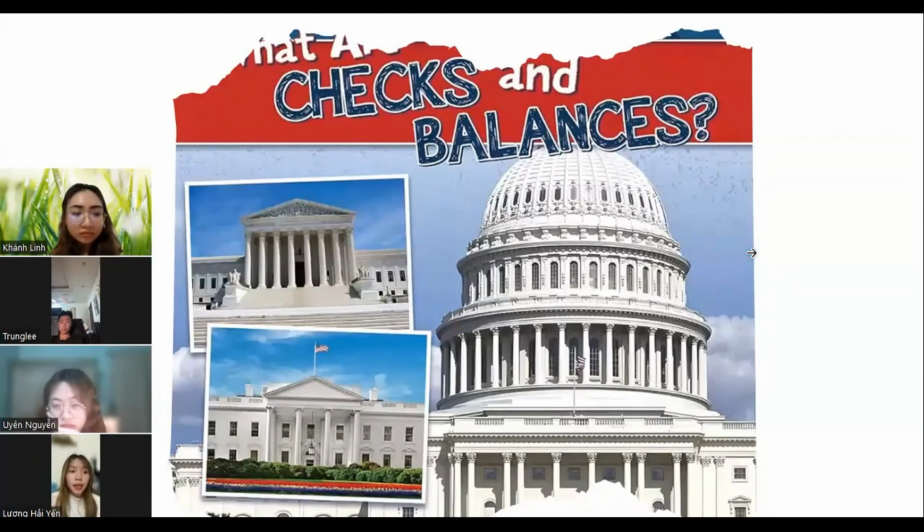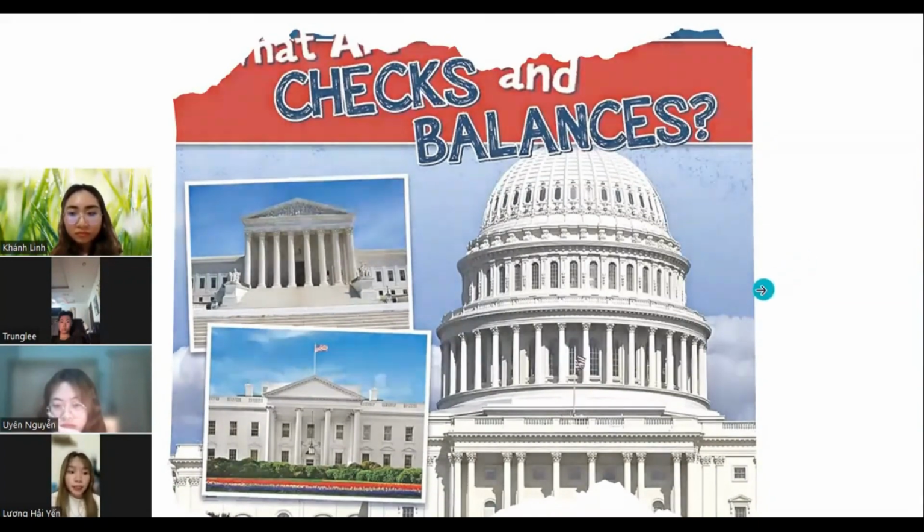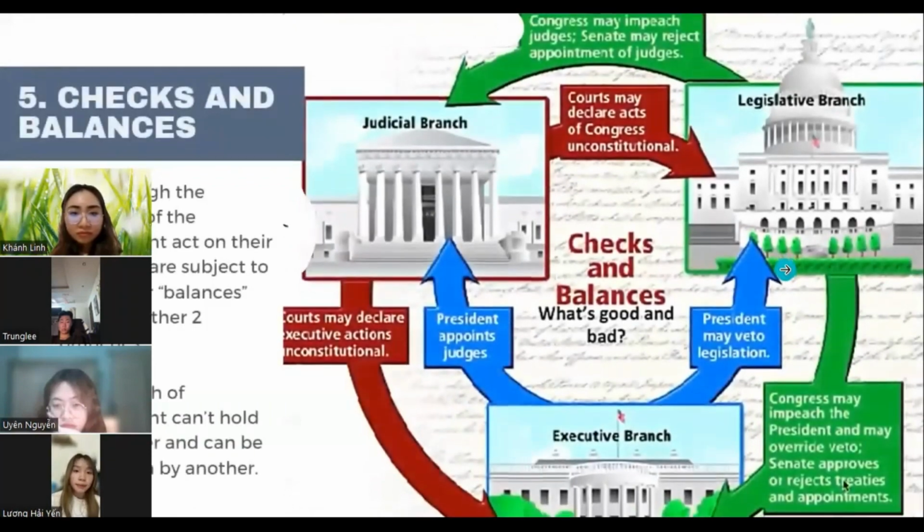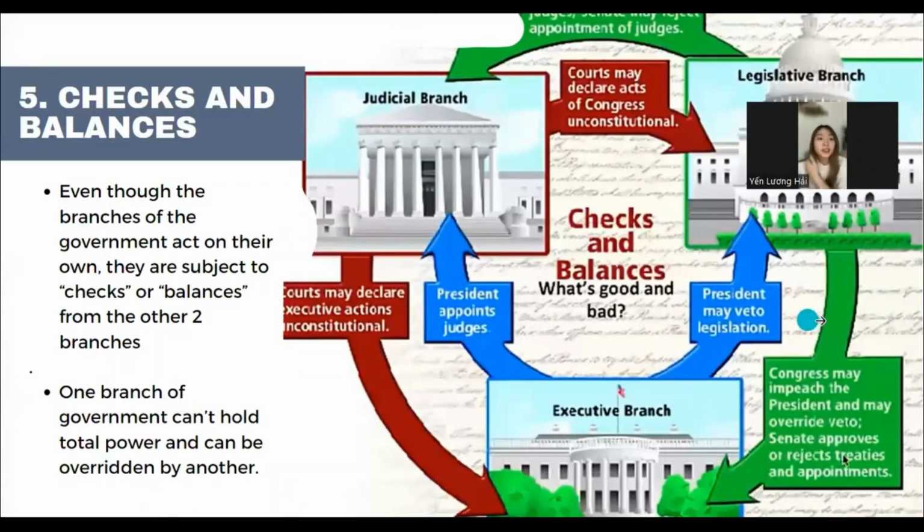The idea ensures that no one branch of government can hold total power and can be overridden by another. All 3 branches are needed to make the government run properly. So as you can see in this diagram, it shows the checks and balances between the branches of U.S. government.